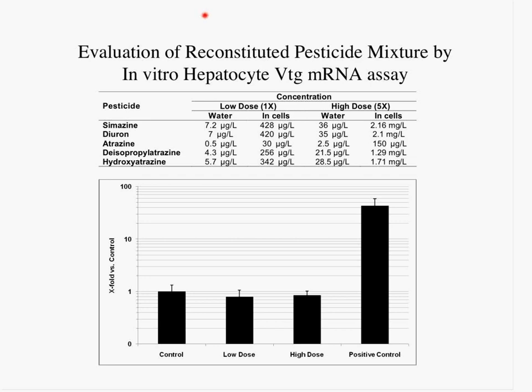What you can see is that even at a 5-fold higher dose than the ambient dose, if we look at all of those herbicides and combine them together, we don't see any estrogenic response in our bioassay. So this tells us it's something other than these compounds, even though they're present in these particular matrices.